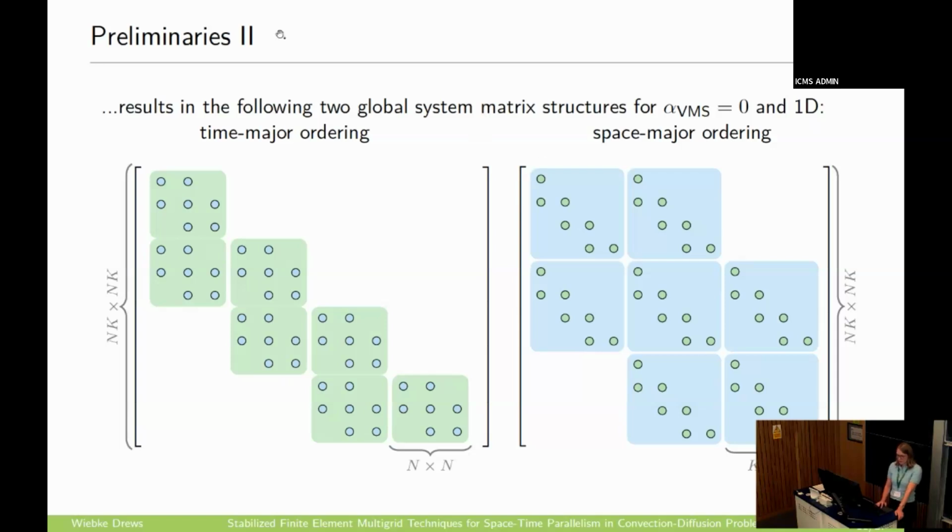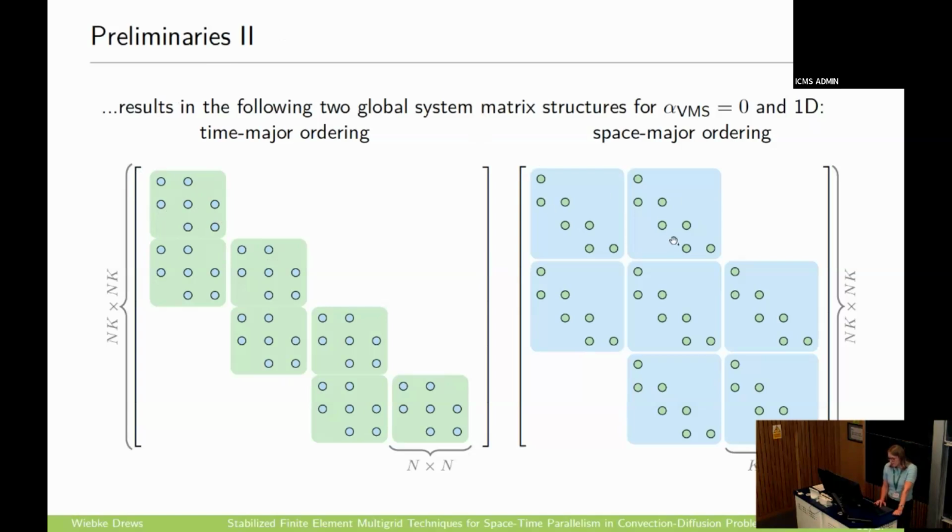So for the time major ordering, we have this overlying structure from our time discretization. So we have a lower bidiagonal matrix here, and if we have no stabilization, then in 1D we have this tridiagonal structure from our spatial discretization as blocks in those blocks.